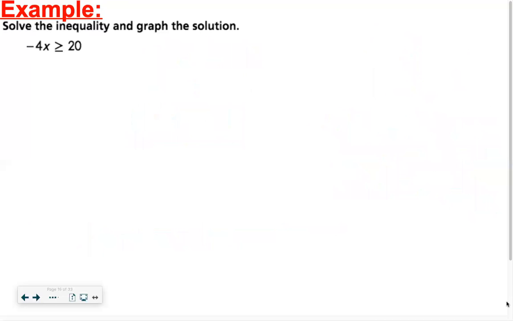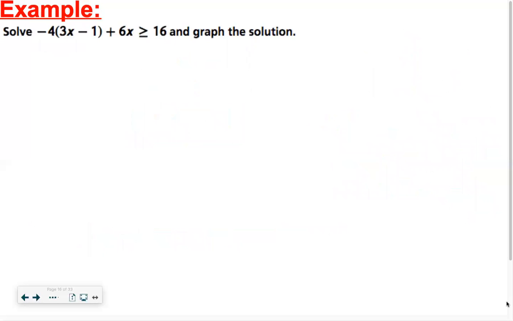Next one. −4(3x − 1) + 6x ≥ 16. To be able to solve this question, if you have parentheses, first you need to cancel them out.